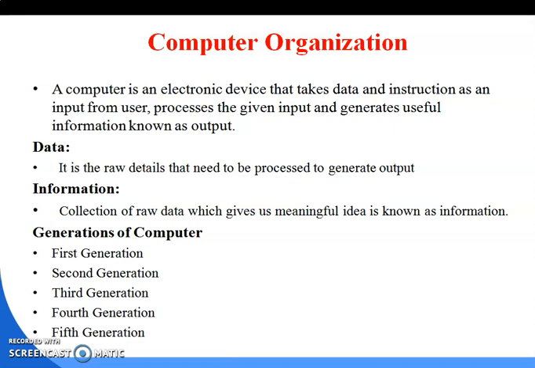The first part, all the data of a village, is known as the data. And information is the collection of the raw data which gives us a meaningful idea. That means after segregating the data, the people whose age is greater than or equal to 60 are known as the information part.